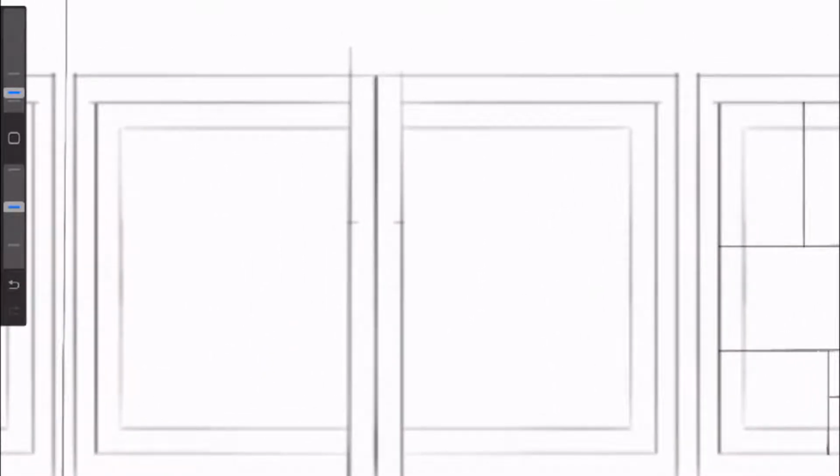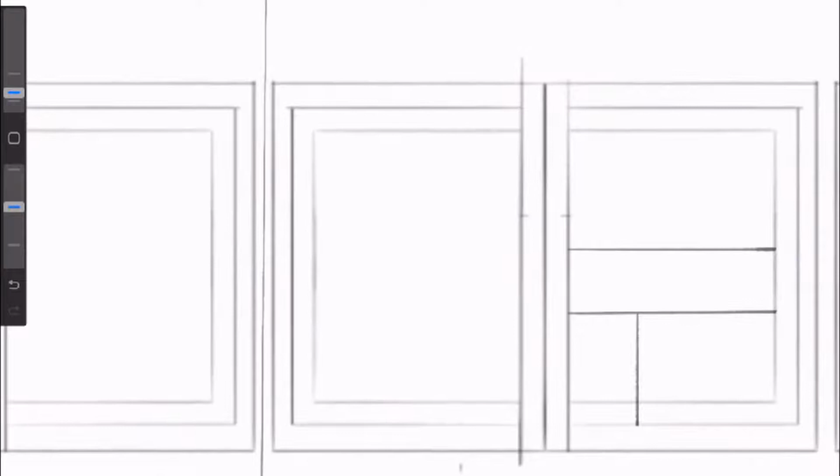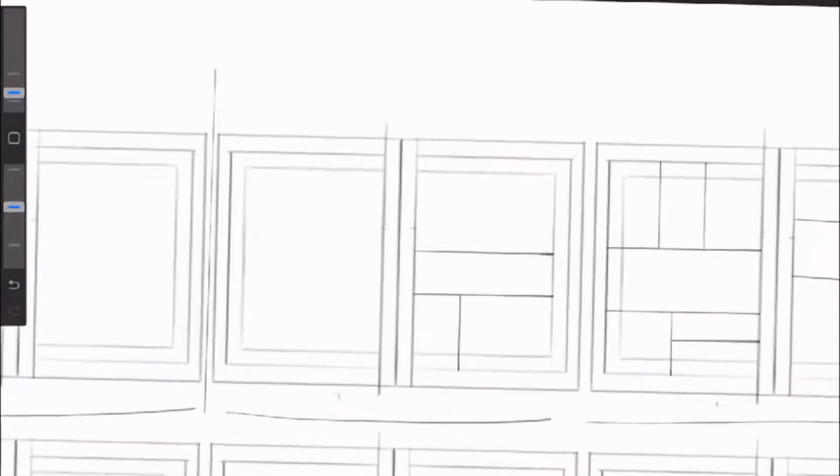Okay, reestablish the background here. So things kind of slow down, there's less panels.